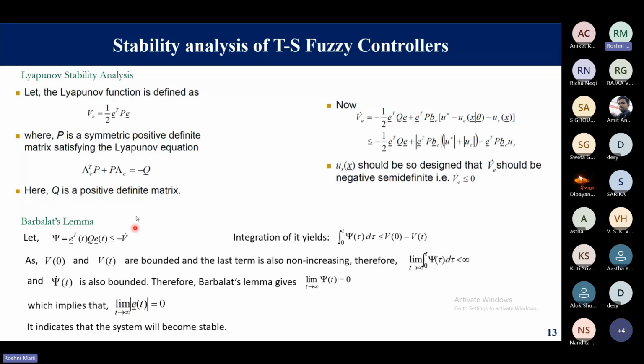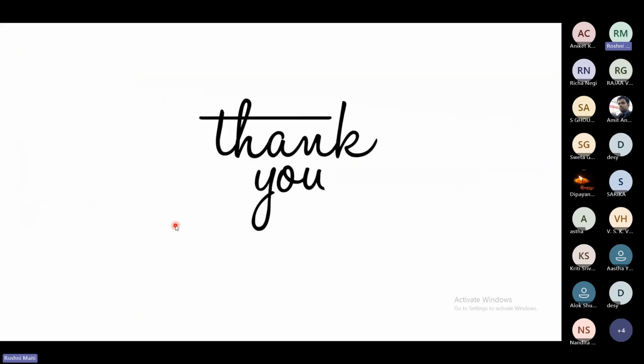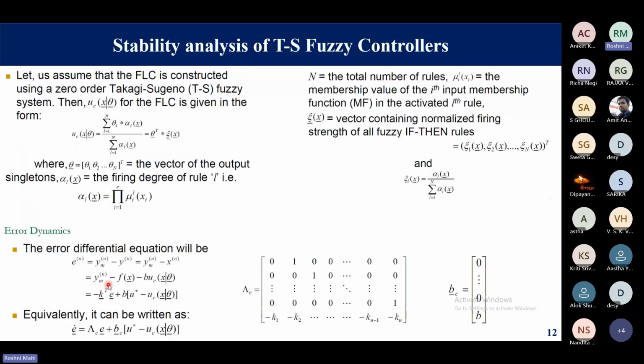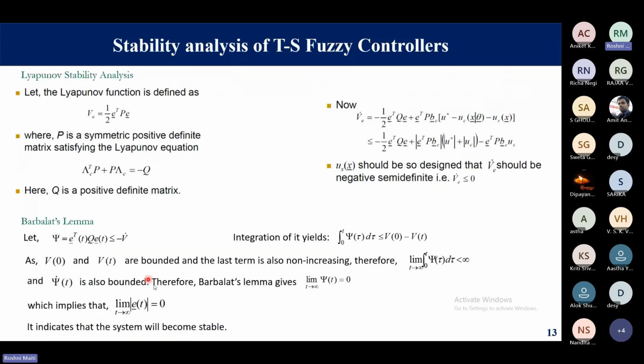That means our system state will go to the state of our reference system model. So system output will go to the reference system model, and overall our system will become stable.